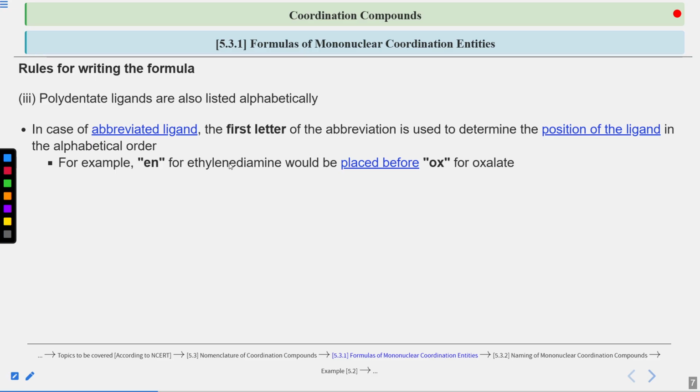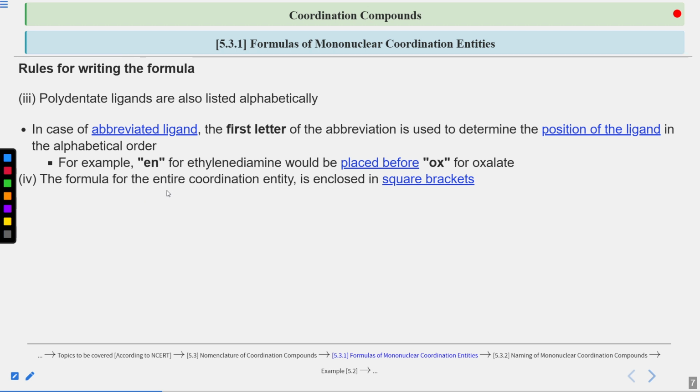So ethylenediamine is written as en and oxalate is written as ox. Now we have to decide the position of these ligands. That will be decided by the first letter of the abbreviation. The first letter of en is E. Similarly, the first letter of oxalate is O. So E comes before O in alphabetical order, right? So if both ligands are present in the same complex compound, then ethylenediamine would be placed before the oxalate.